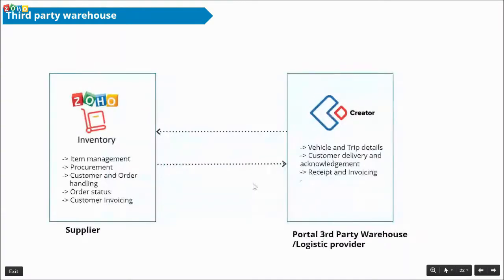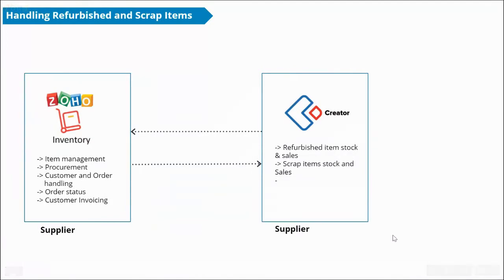So you can track the trip details, vehicle details, the customer delivery and acknowledgement, and you can add the receipt and invoicing using Zoho Creator. Here, the organization users would be suppliers, and portal users would be the third-party warehouse service providers.